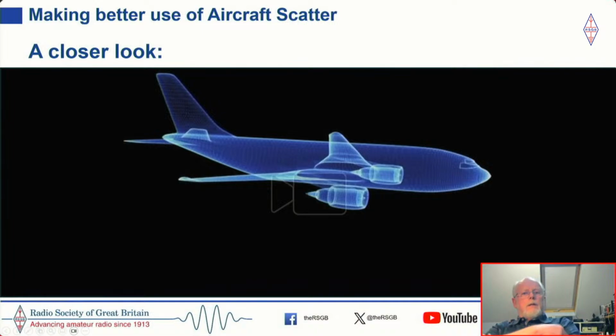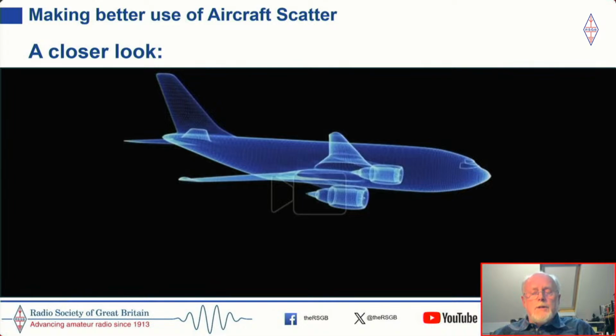This is a computer-generated ghost image of the familiar twin-engined, narrow-bodied, single-aisle workhorse aircraft that flits back and forth across Europe, likewise the United States, and it happens to be just about big enough to support aircraft scatter, like the example I just played for you.